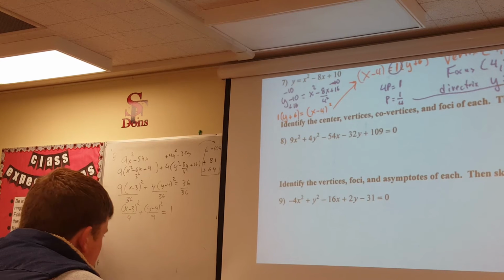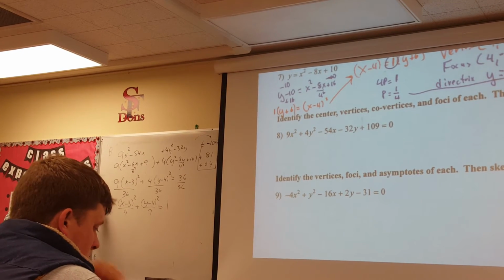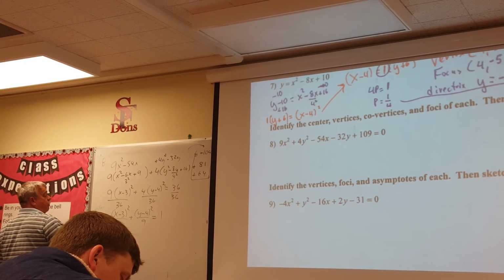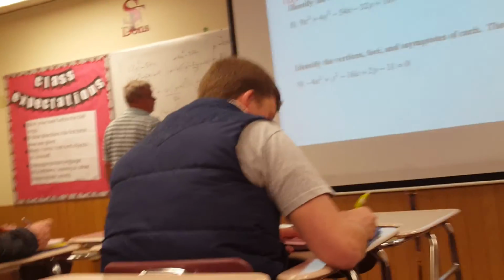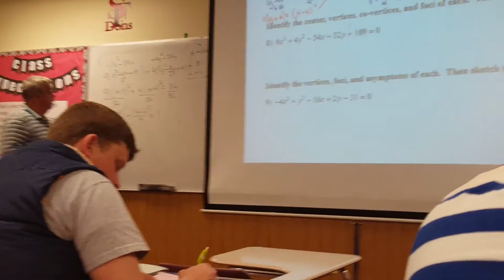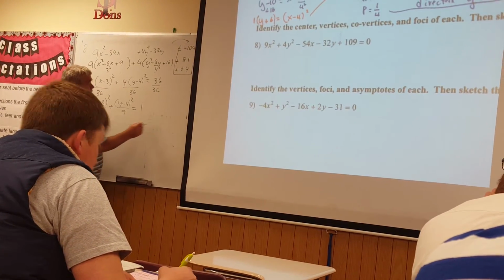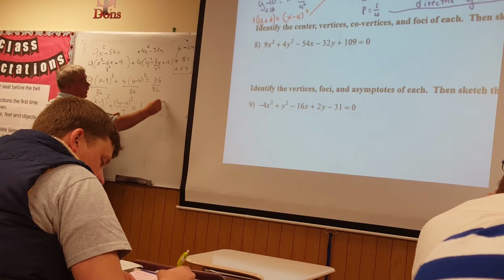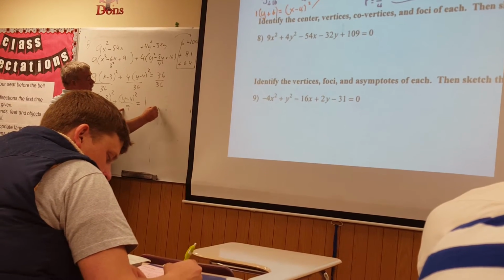All right, so the center is at 3 and 4, isn't it? In the x, we go 2 directions. In the y, we go up 3. And then you draw your evens.